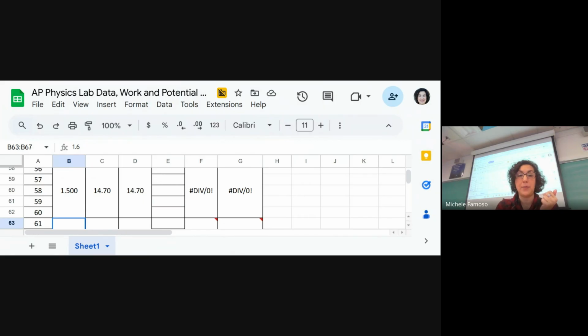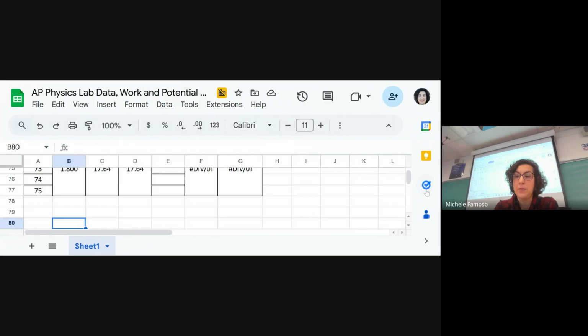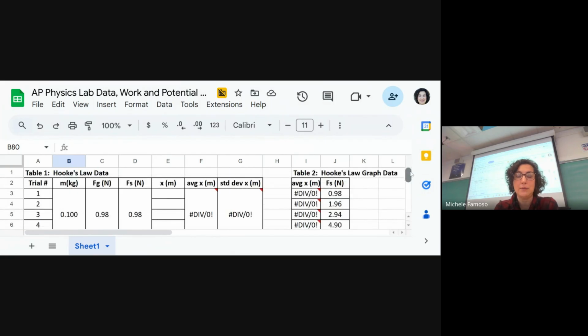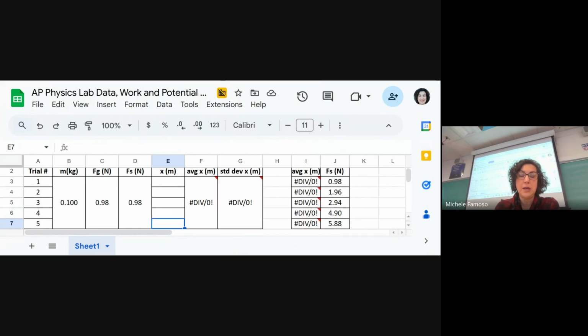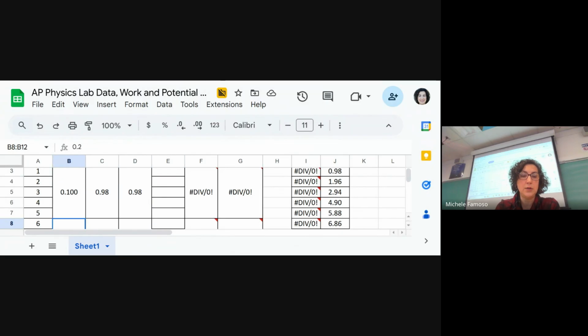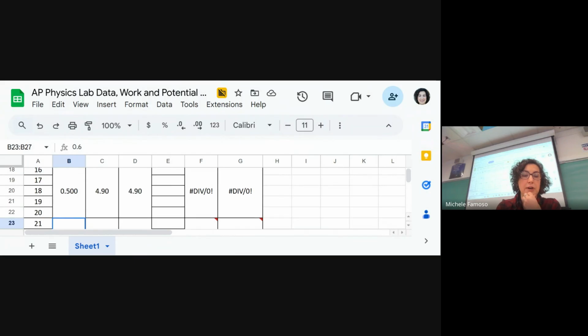I think there's more than 25 measurements: 5 trials for each mass, and 15 masses to do. So there's a lot of these, but this should go pretty quick. This is not the hard part of the lab.